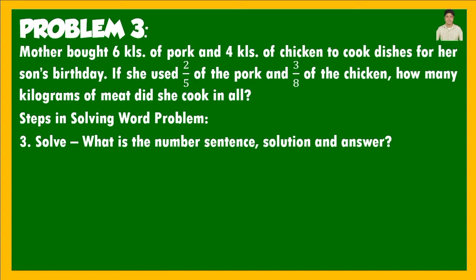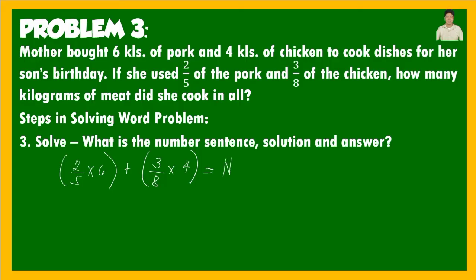Okay, so for our number sentence, ganito siya. Two-fifth times 6, ito yung sa pork, plus 3/8 times 4, ito naman sa chicken, is equal to n.